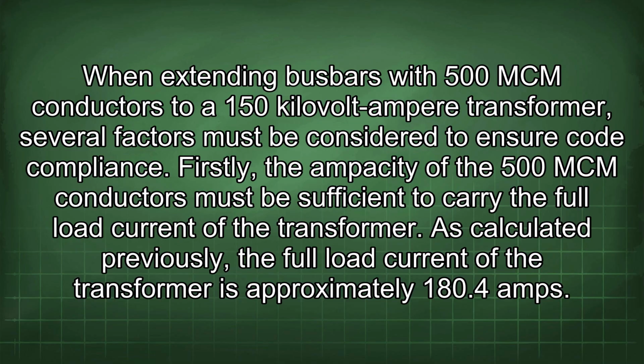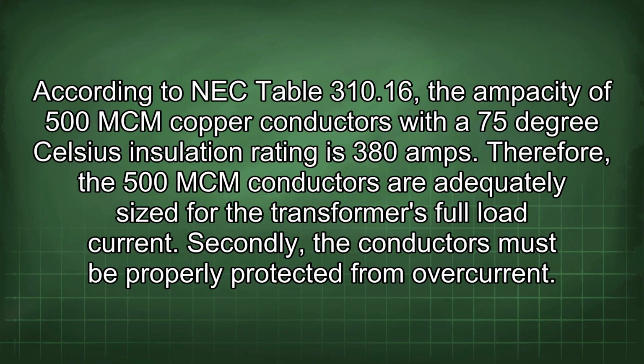As calculated previously, the full load current of the transformer is approximately 180.4 amps. According to NEC Table 310.16, the ampacity of 500 MCM copper conductors with a 75 degrees Celsius insulation rating is 380 amps. Therefore, the 500 MCM conductors are adequately sized for the transformer's full load current.